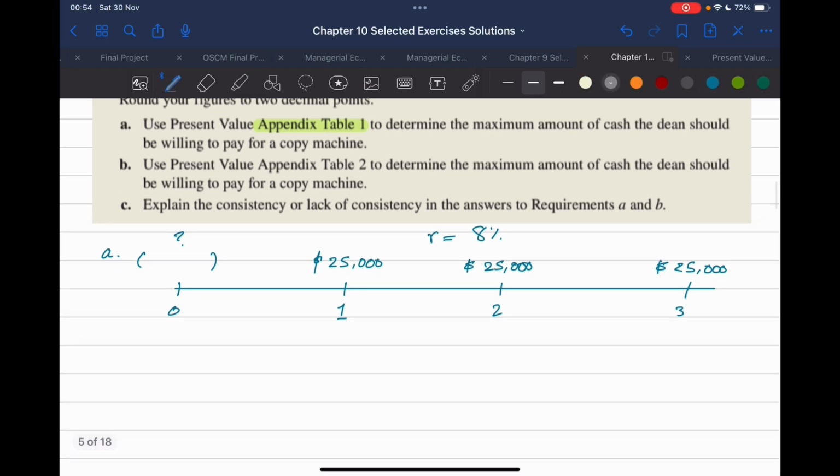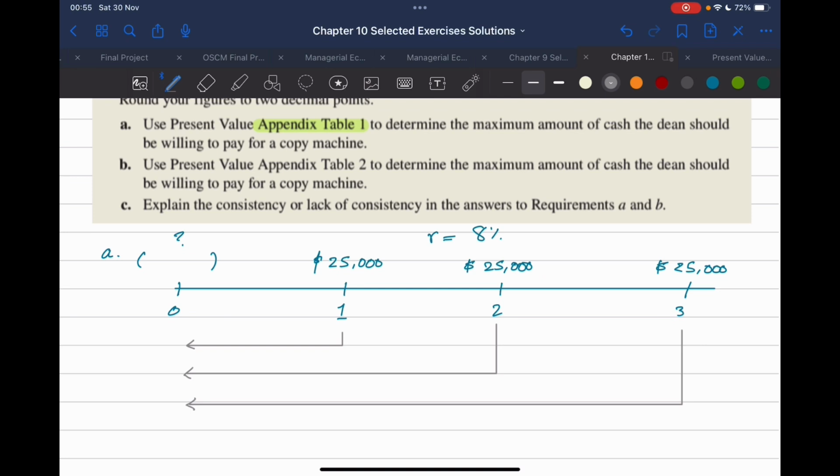So what I like to do is just sketch my timeline and then do this. This is for year 1, this is for the 2nd year, and this is for the 3rd year. And I'm going to write down the discount factor for each of those.